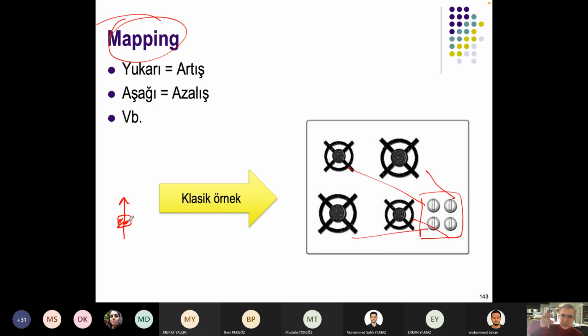Turning to the right, increasing. Turning to the left, decreasing. The one on the right controls the one on the right. This is what we call mapping in user interfaces. Correct mapping. Incorrect mapping will result in incorrect use.